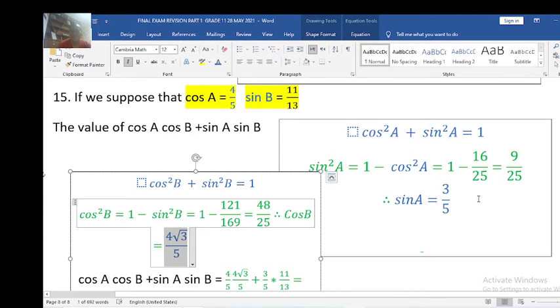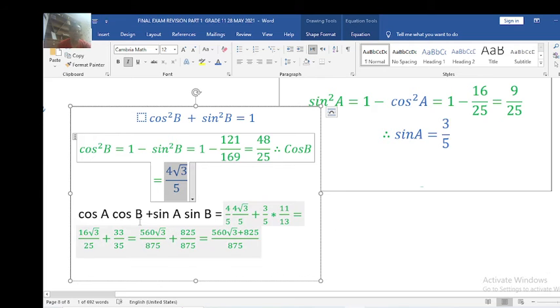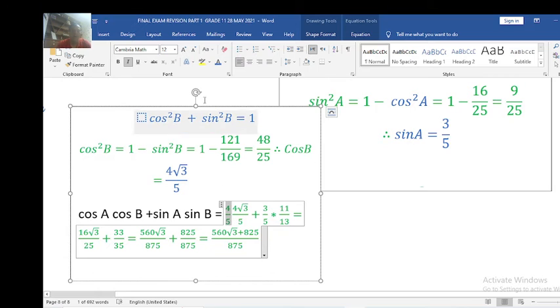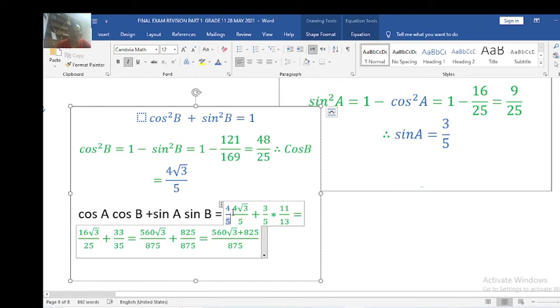Then just calculation and substitution, learners. Cosine of A, which is 4 divided by 5, multiplied by cosine of B, which is 4 root 3 divided by 13. Then sine of A is 3 over 5, and sine of B is given as 11 over 13.